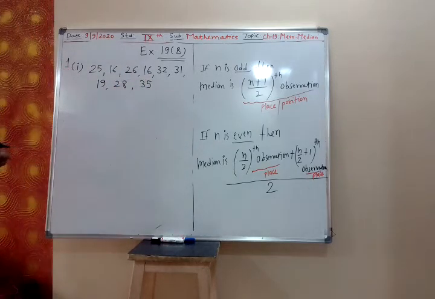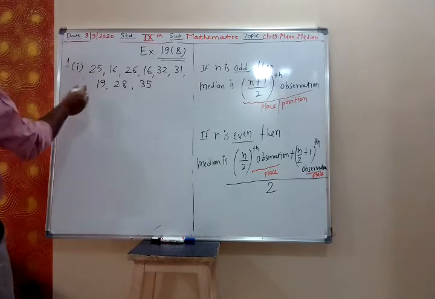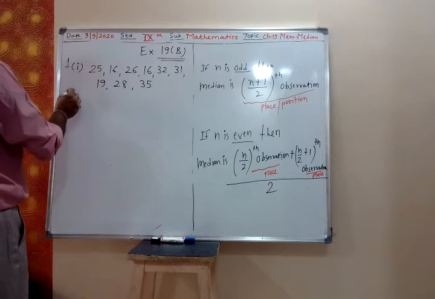So these values are given: 25, 16, 26, 16, 32, 31, 19, 28 and 35. Correct? So now first we arrange the data in the ascending order.